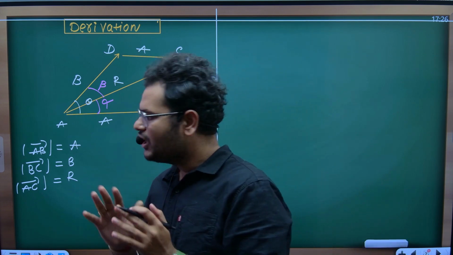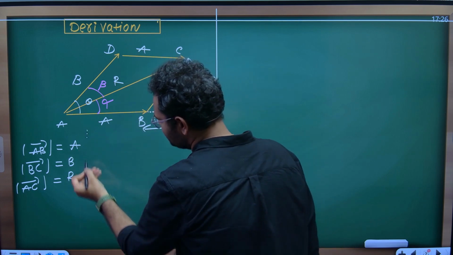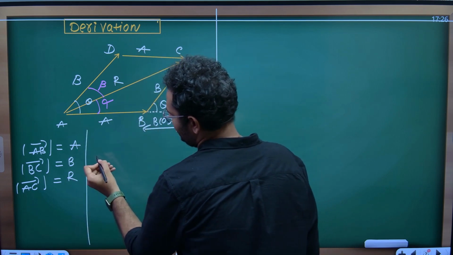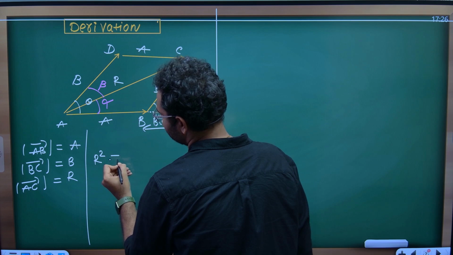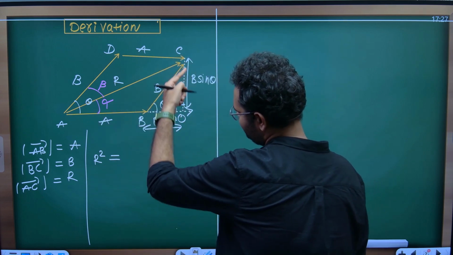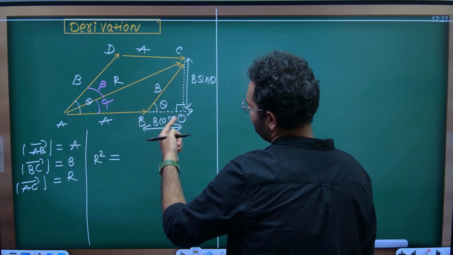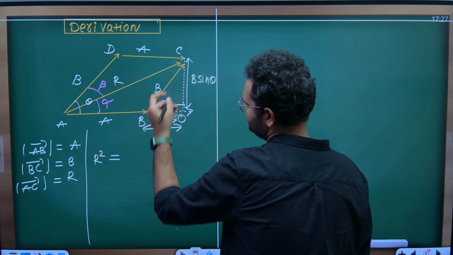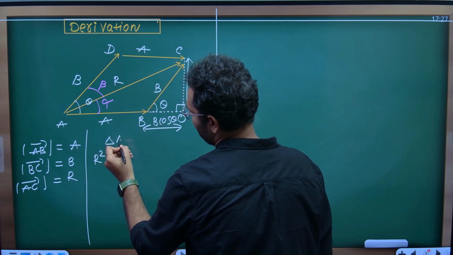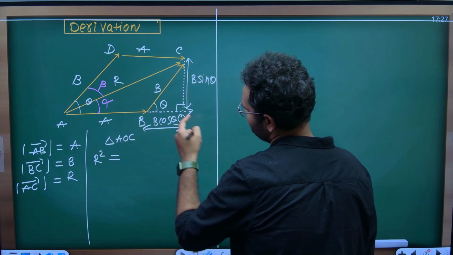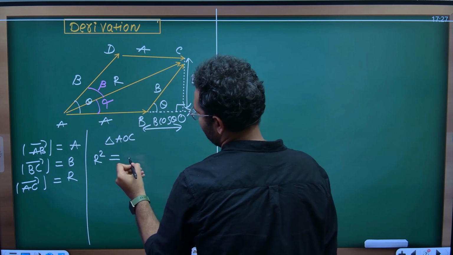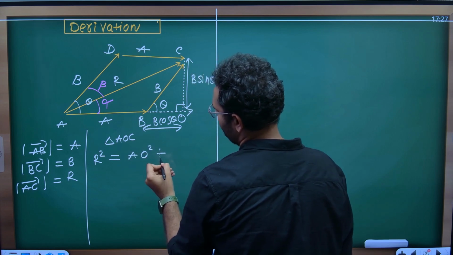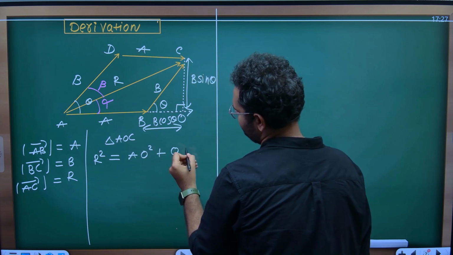Very clear. Now our task is easy, because by the Pythagoras theorem I can write R square is equal to, now in which triangle are we looking? Triangle AOC. Here I will write R square must be equal to AO square plus OC square.